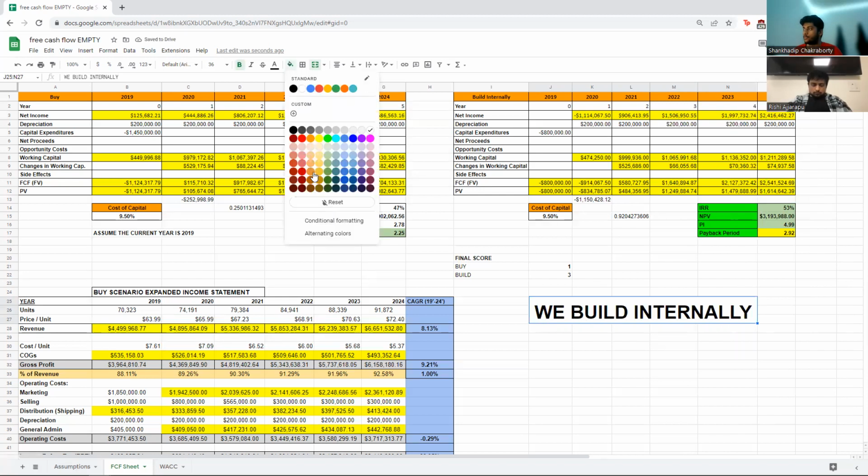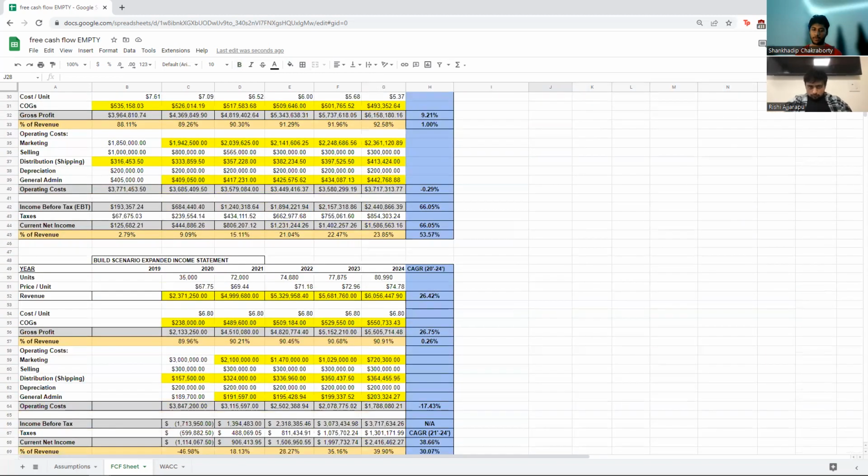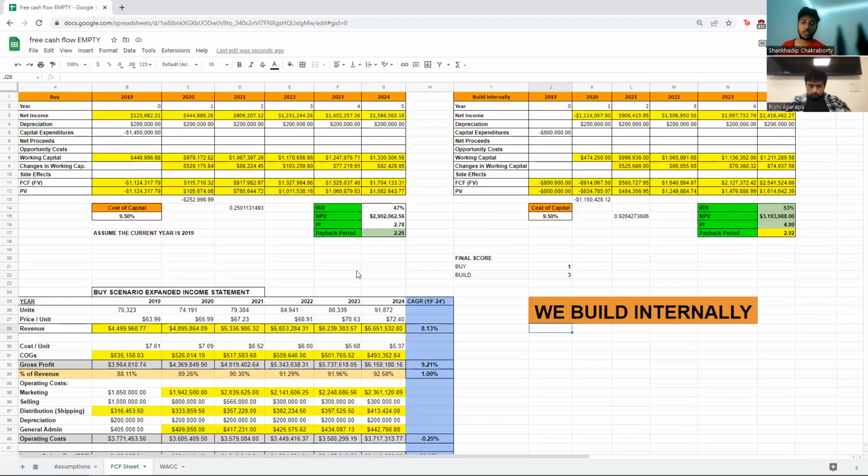So that's what we do, everyone, right? We build internally. We found the cost of capital. We used our assumptions to finish the income statements for both the buy and the build scenarios. We used our income statement to calculate net income for our free cash flow statement.